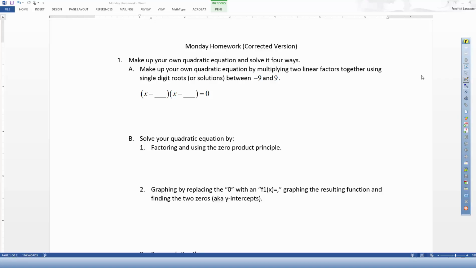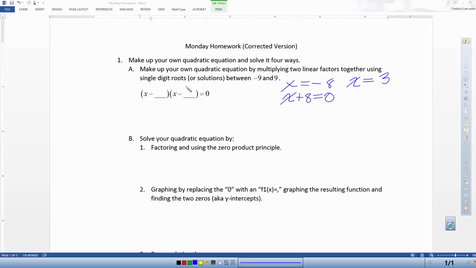+9. So I'm going to select x equals -8 and x equals +3. If I add 8 to both sides of this little equation, I get x plus 8 equals 0. So the way this works is it's x minus the solution.